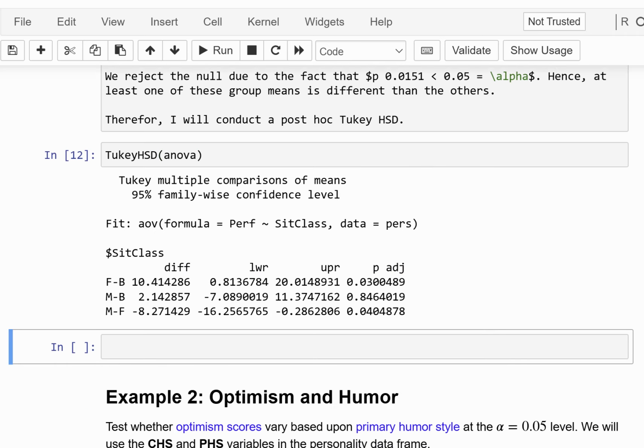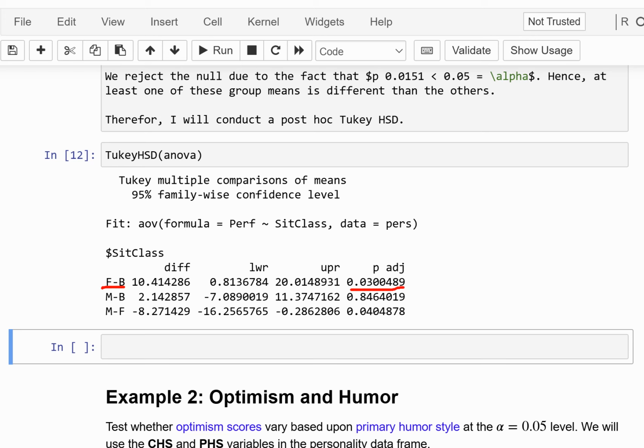And the great thing about this is that it gives me all of the pairwise comparisons, and it compares front versus back. And notice the p-value of 0.03. Okay, I look at middle versus back and the p-value here. Okay, so that's not significant, but middle versus front is significant, right? That's 0.05, 0.03. So the top and bottom there are significant.